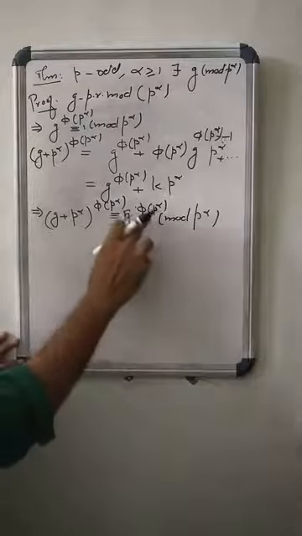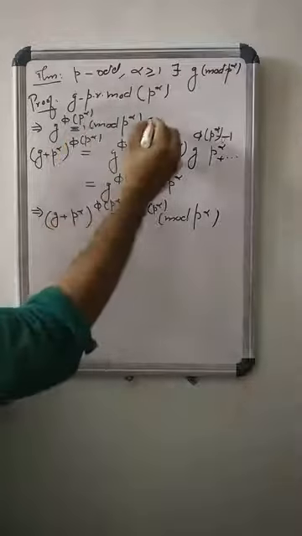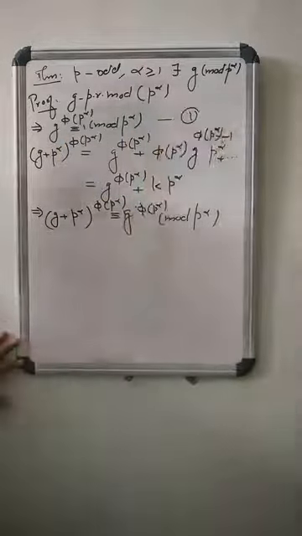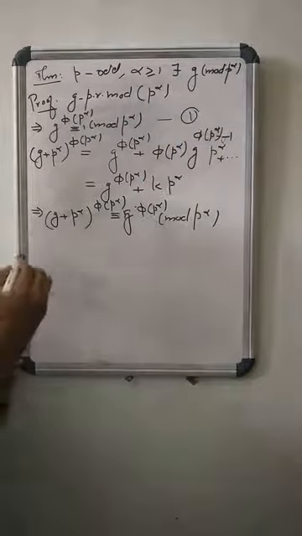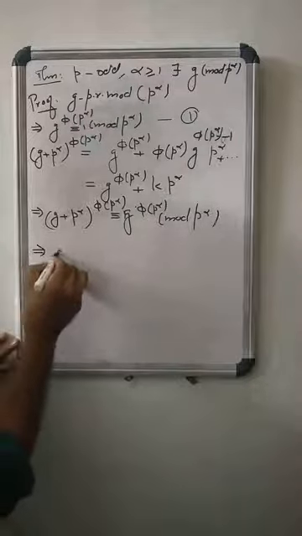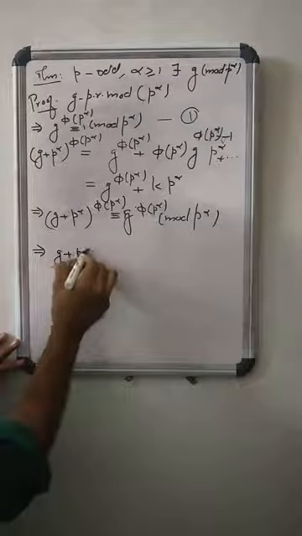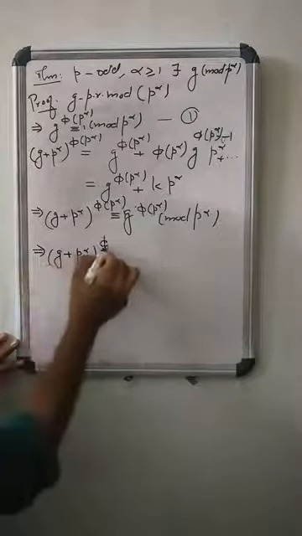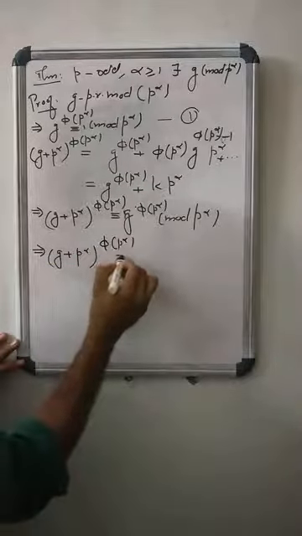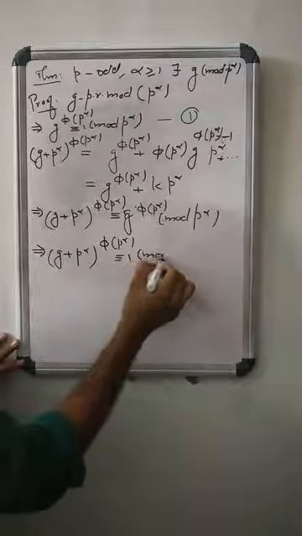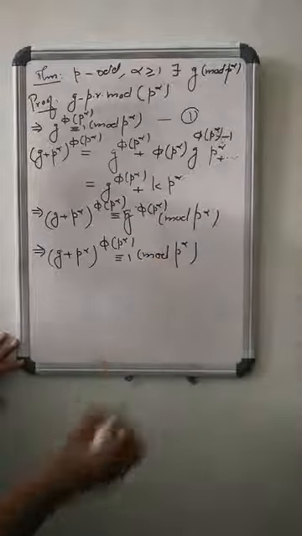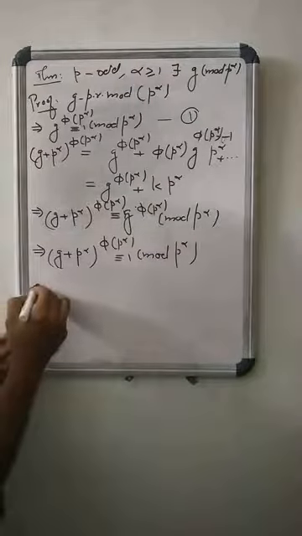But what about g^φ(p^α)? From equation 1, g^φ(p^α) is congruent to 1 mod p^α. So this implies (g + p^α)^φ(p^α) is congruent to 1 mod p^α. Clear? So what's your conclusion?